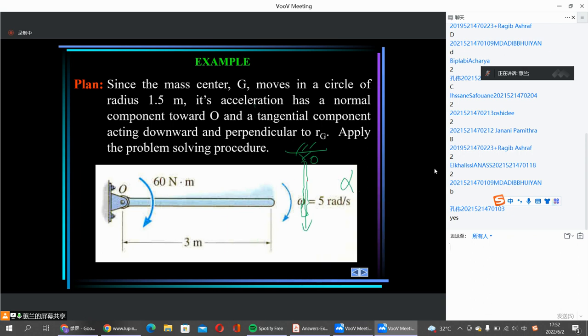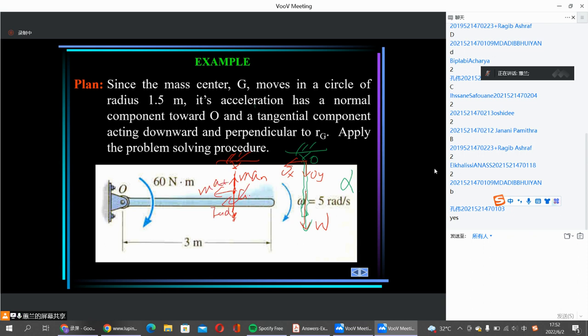So again, with vertical, it's OX, OY. Maybe you can use the normal and weight. This is the FBD, and draw the KD. What will be the KD here? For the mass center, MAN, MAT and IG alpha.